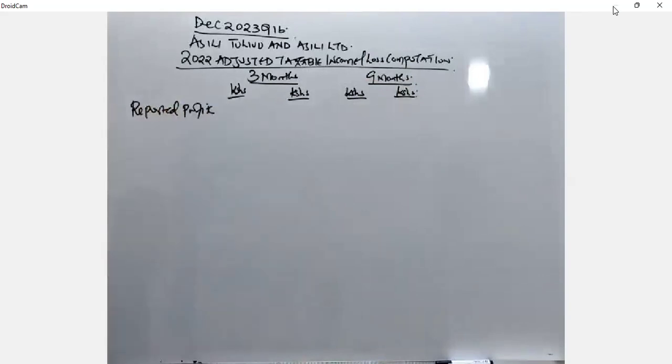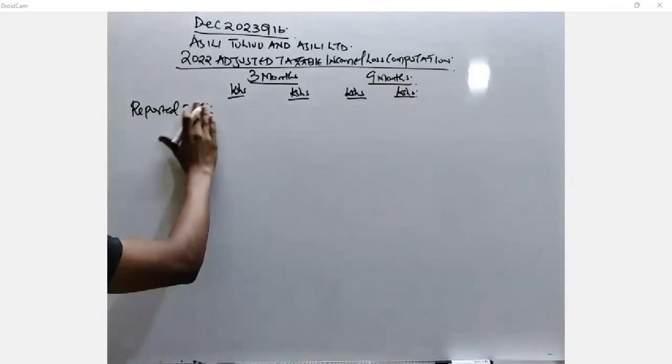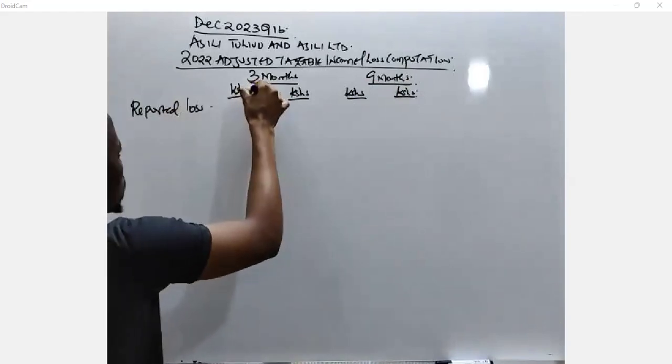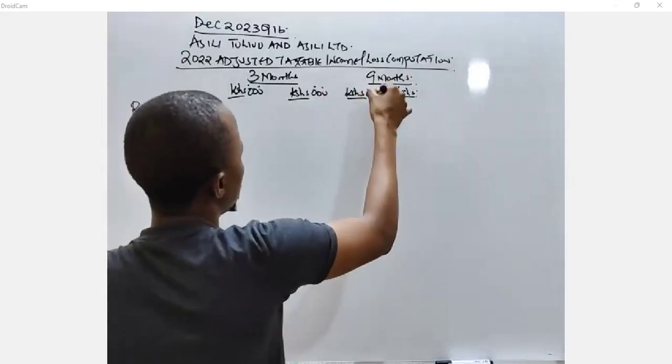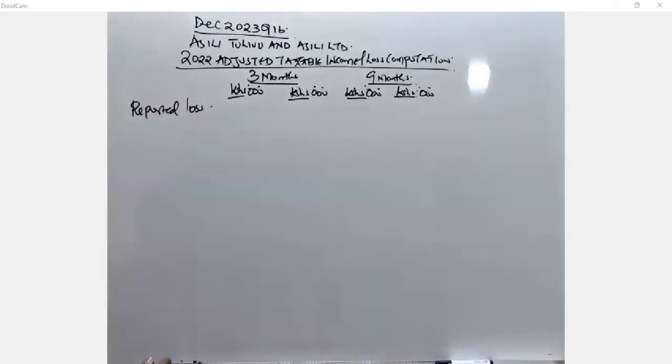For the reported profits, we go back to the question. The reported profit, I can see it was a loss. So our reported loss is 2689.6.